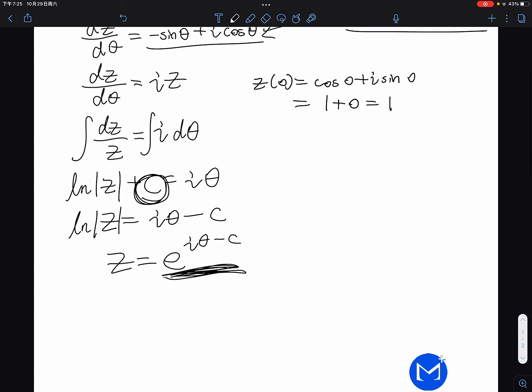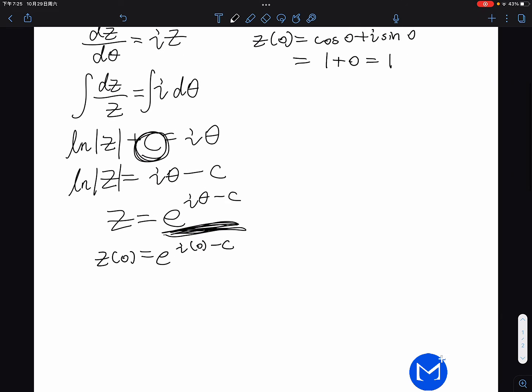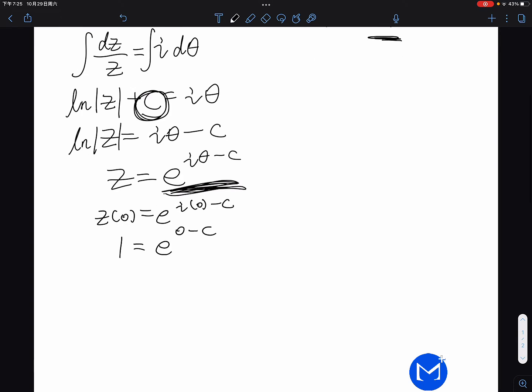So, from here, we can say z of 0 equals e to the power of i times 0 minus c, and z of 0 is 1. We already calculated that here, so 1 equals e to the power of i times 0, which is 0, so e to the power of 0 minus c. Well, e to the what is equal to 1? 0, right? e to the power of 0 will equal 1.